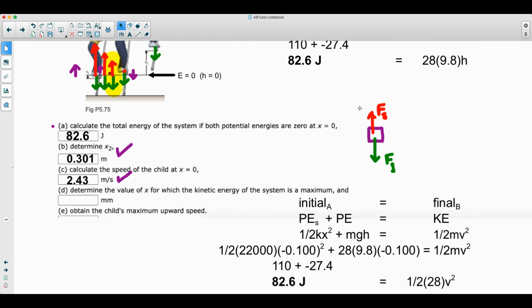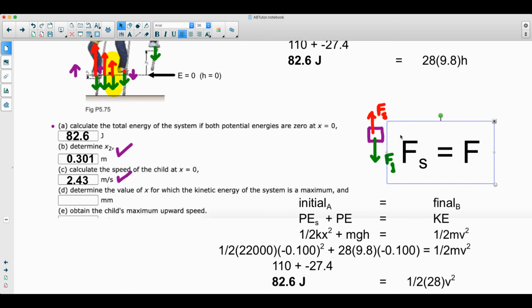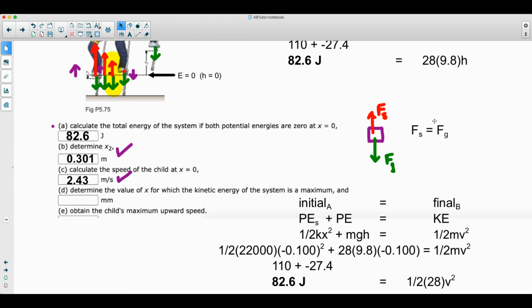So we actually need this picture right here. When is Fs equal to Fg? Well, that's actually the location we want for max speed.